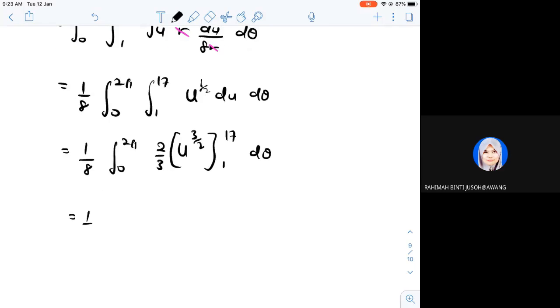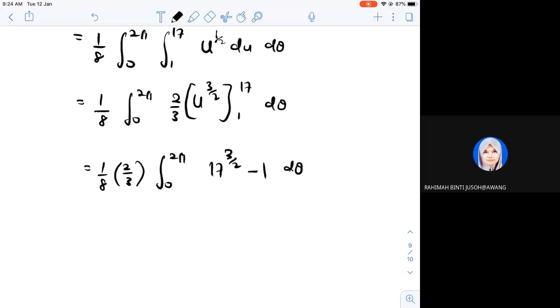Overall, over 8, 2 over 3 can be taken out, from 0 until 2 pi. Substituting gives 17 to the power of 3 over 2 minus 1 to the power of 3 over 2, which is the same as 1. So the whole thing is just a constant. And we can cancel this one: it becomes 4, so it becomes 1 over 12, since 4 times 3 is 12. So this can be taken out.